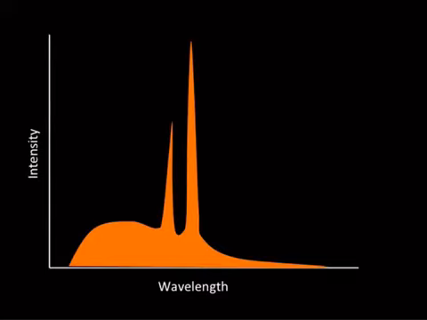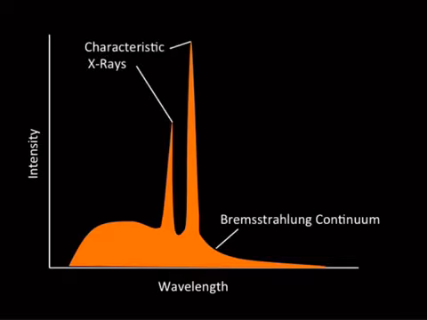The peaks are your characteristic X-rays that were emitted, and the bottom part, the hump part here, is this Bremsstrahlung continuum, and we will talk about how that's made.